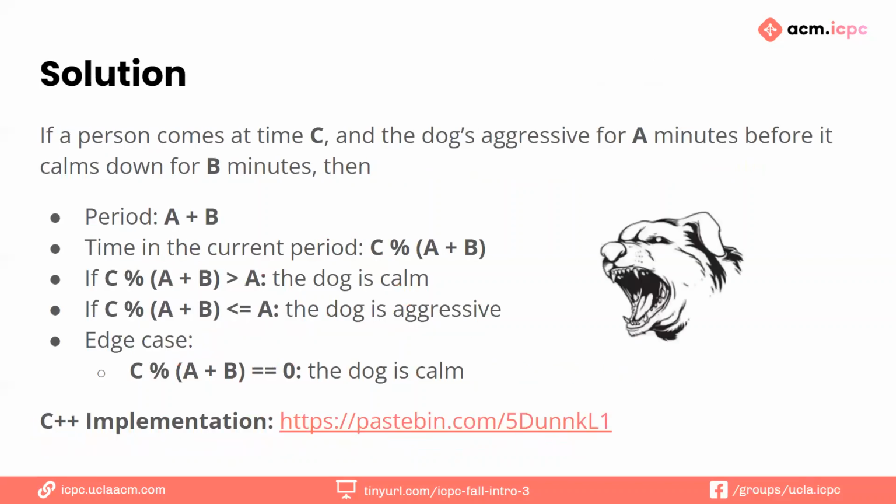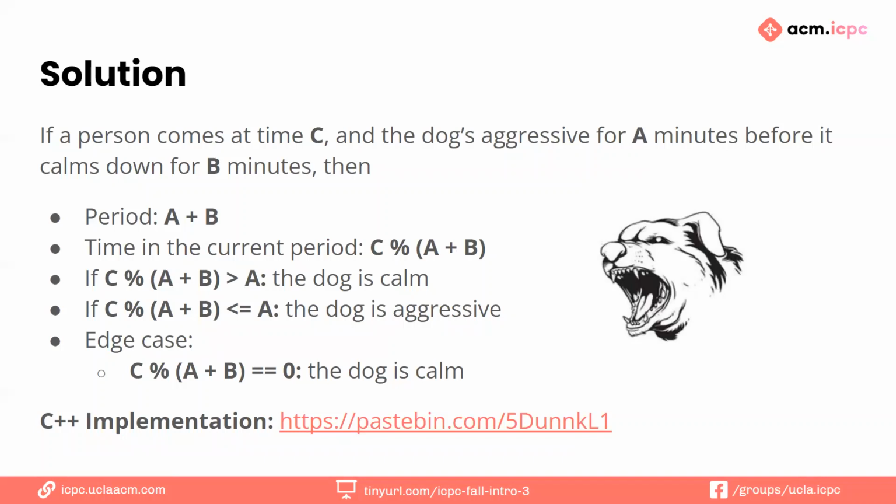So for this problem, since the two dogs' behaviors are independent, we only need to consider one dog at a time, and then we collect the result in the end and output our answer. Let's just consider one particular dog.